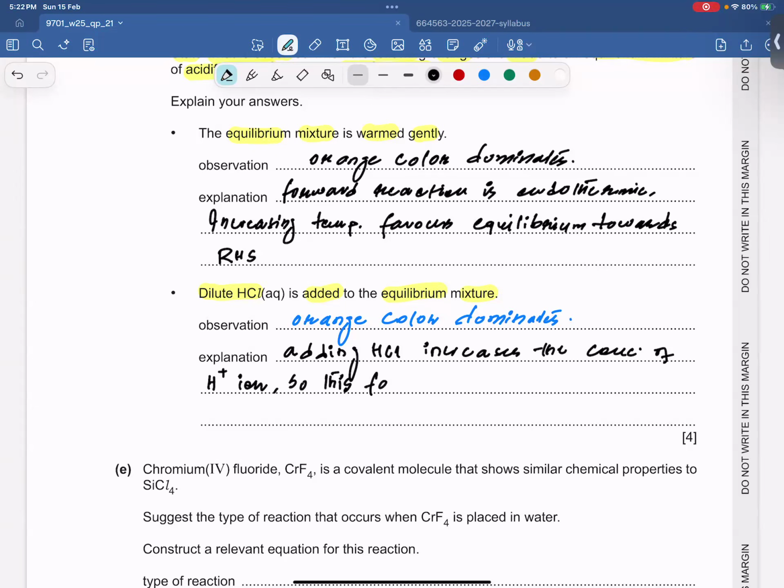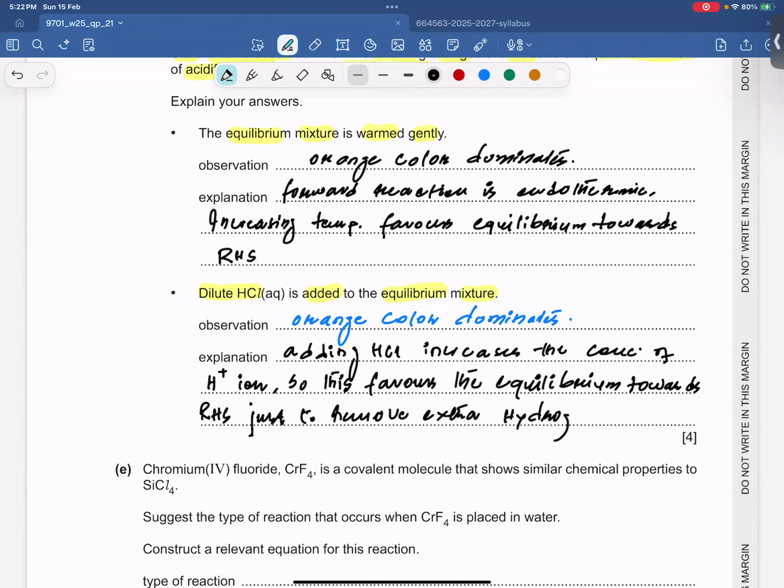So this favors the equilibrium towards right hand side, just to remove extra hydrogen ions.